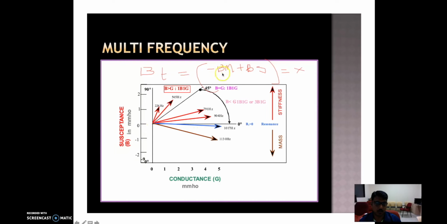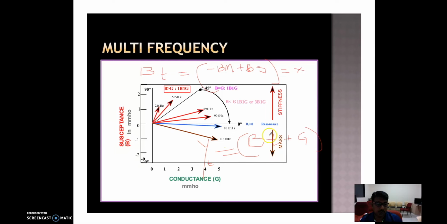So Bm is minus 25, for instance, and Bs is plus 25, so they result in a net value of 0. When it is 0, you know that the total admittance Y total is equal to Bt plus G, that is the conductance.